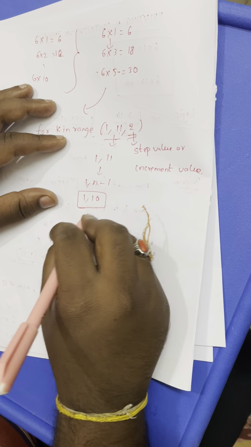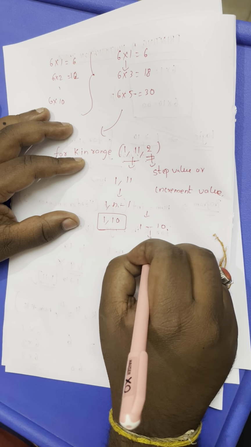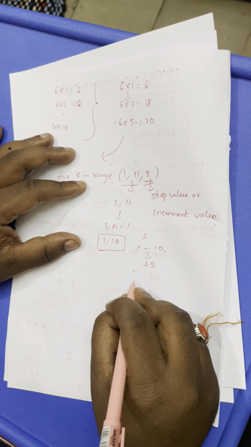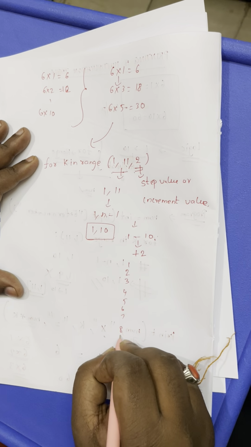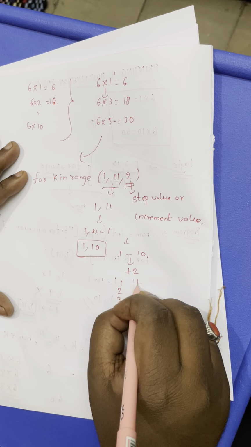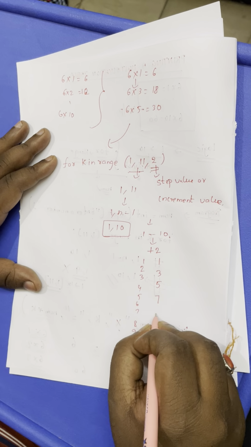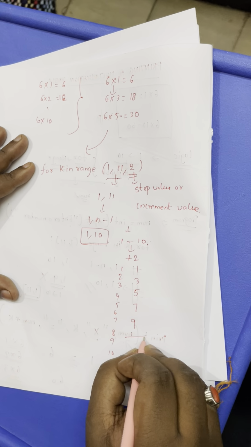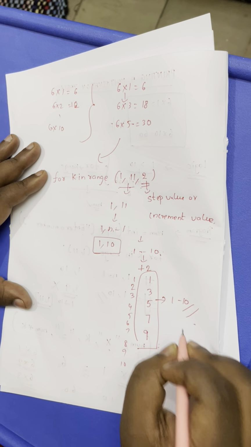So it prints the values from 1 to 10 as multiples, but it will take the increment as plus 2. So it won't print 1, 2, 3, 4, 5, 6, 7, 8, 9, 10. It prints only with increment, 1, 3, then 5, then 7, then 9, and then it stops because we have given the range of 1 to 10.